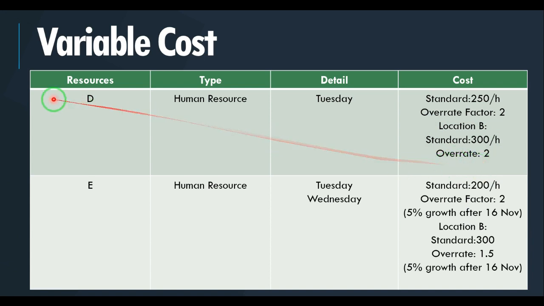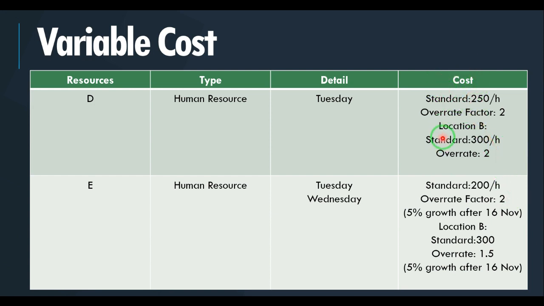However, for example, for resource D, the overrate is the same as the usual location, but for resource E, the overrate has been changed too, because it was 2 for the usual location. However, for location B, it's less than 2. You can have this scenario in different situations in your project in which different costs have been defined.